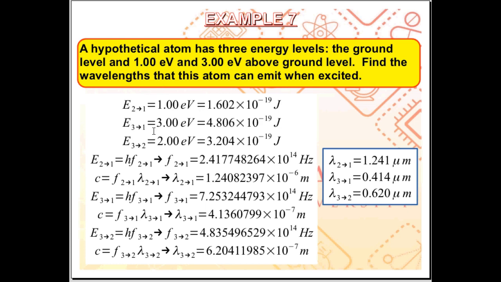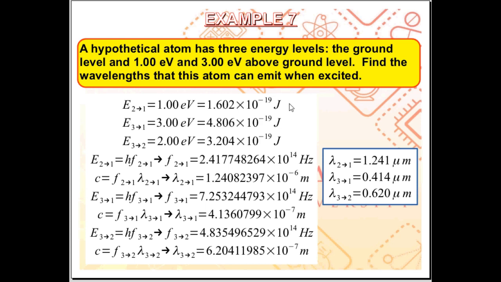So E3 to 2 is equal to 2.00 electron volts, or 3.204 times 10 to the negative 19 joules. These are the three possible transitions that the atom can make and release a photon from a higher excited state to a lower one.